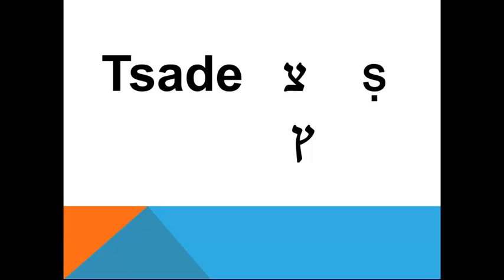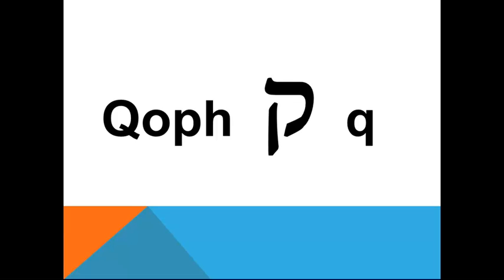So Aleph, Beit, Gimel, Dalet, He, Vav, Zayin, Ket, Tet, Yod, Kaf, Lamed, Mem, Nun, Samekh, Ayin, Pei, Tzadeh, Kof. Kof is transliterated with a Q. It's probably pronounced with your tongue a little bit against your palate. Kof, kof. So it's not a K. It's a kof kind of a sound.